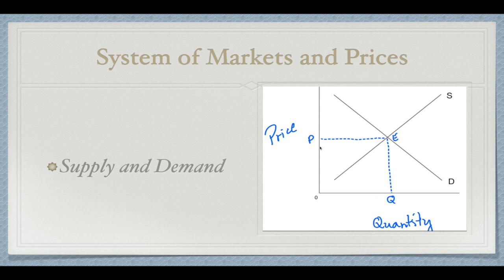If the price is too low, that means quantity demanded is going to be too high, and what's going to happen to the price? The price is going to go up. So you don't need the government to come in and set prices artificially, because the market will take care of it itself. If a business is charging customers too much money for a product, well, the customers aren't going to go there and they're not going to buy it.